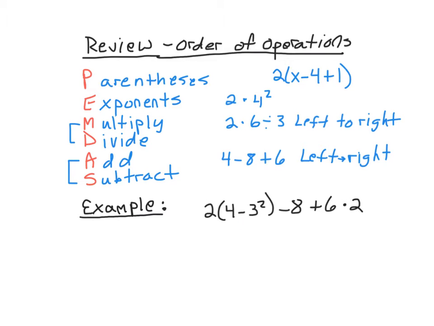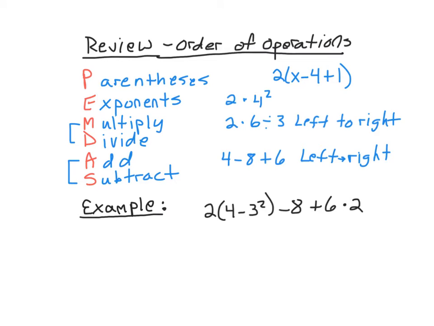I'm going to start with parentheses, and inside my parentheses I can see I have 4 minus 3 squared. So now I start again. In my parentheses, do I have parentheses? No. Do I have exponents? Yes, I do. Right here I have a square of the 3. So the first thing I need to do is square the 3.